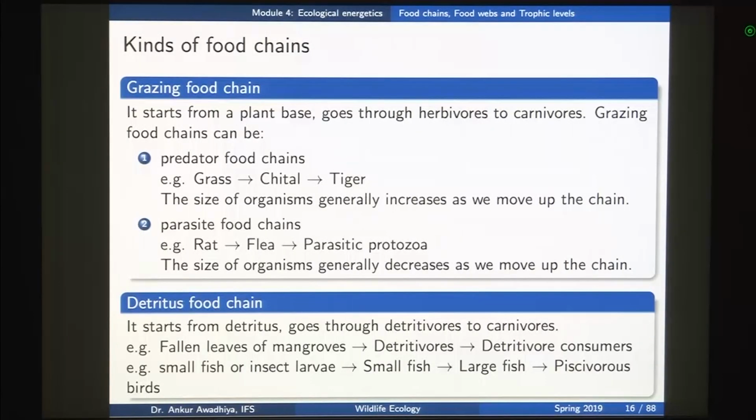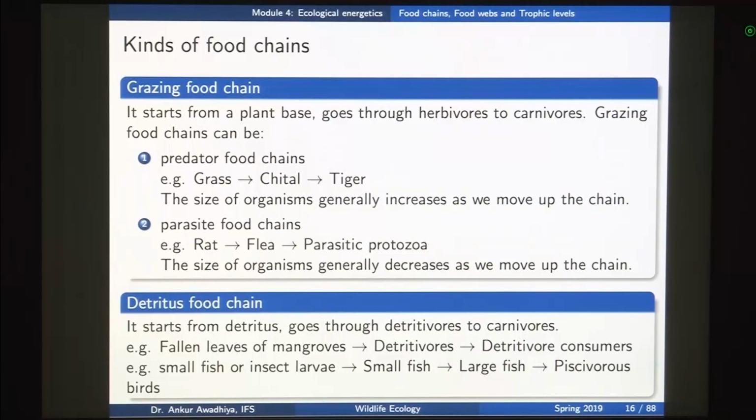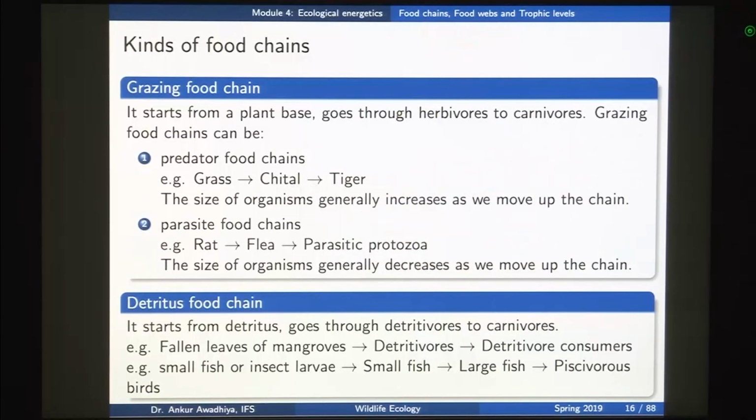When we observe a predator food chain, the size of the organisms generally increases as we move up the chain. Grass is very small, cheetal is a bit larger, around a 60, 70, 80 kg animal, and a tiger is a very large animal, say around 300 or 400 kgs. So, the size of the organisms increases as we move up the chain.